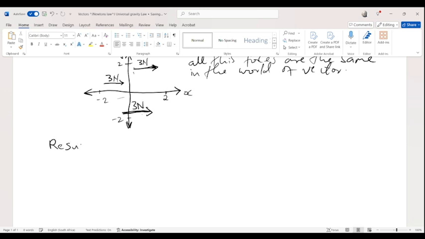So let's talk about resultant force. But before we talk about resultant forces, we need to talk about Newton's laws of motion.